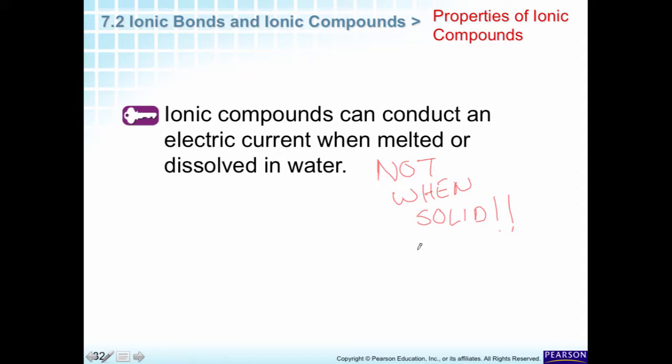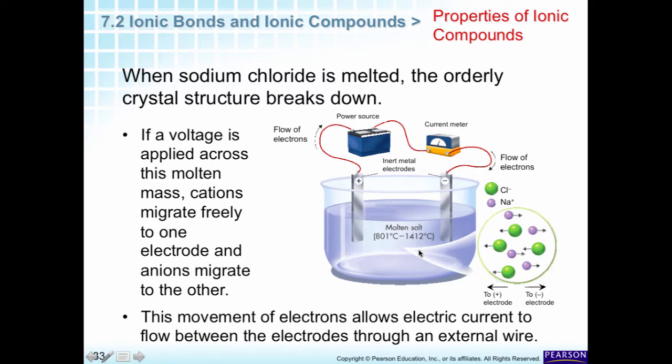Okay, why? Because the structures I just showed you, they're so tightly held, those electrons don't have any place to go. And what is electric current? Electric current is a flow of free electrons. All right, so the electrons and charge have to be free for current to flow.